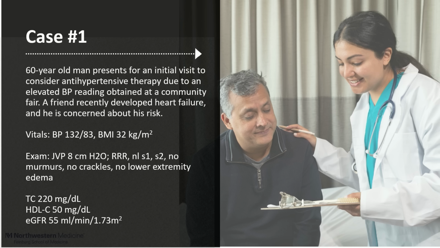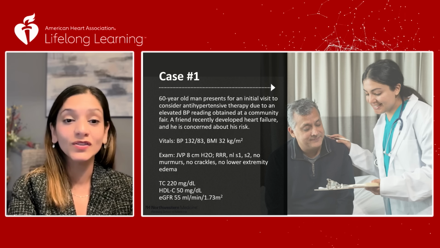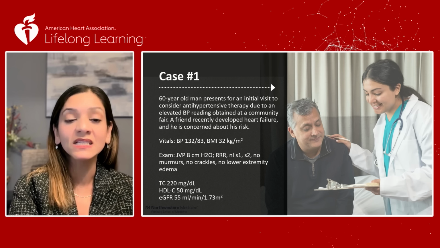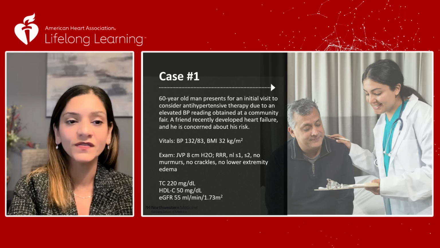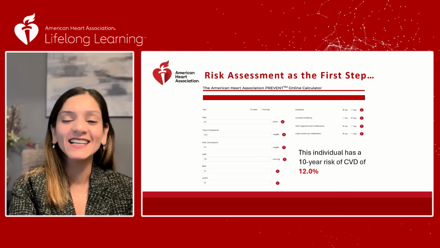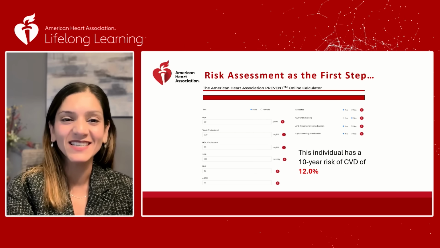In terms of lab values, the total cholesterol is 220, HDL cholesterol is 50, and kidney function is a little impaired with an eGFR of 55. The eGFR uses the new equations and estimates an impaired kidney function.